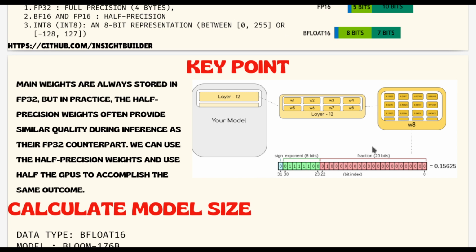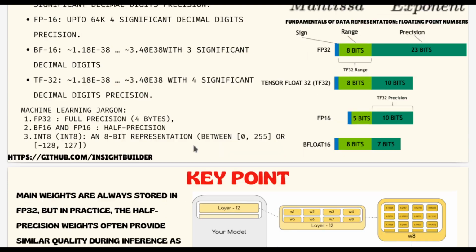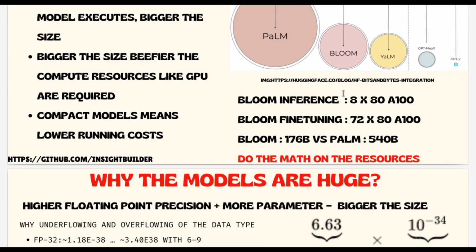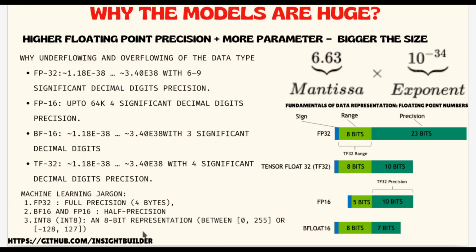Here, the model itself is going to sit inside the RAM, and each partition in your RAM is going to be 1 byte. So one parameter, meaning in these 176 billion parameters, one parameter is going to take a space of 4 bytes.